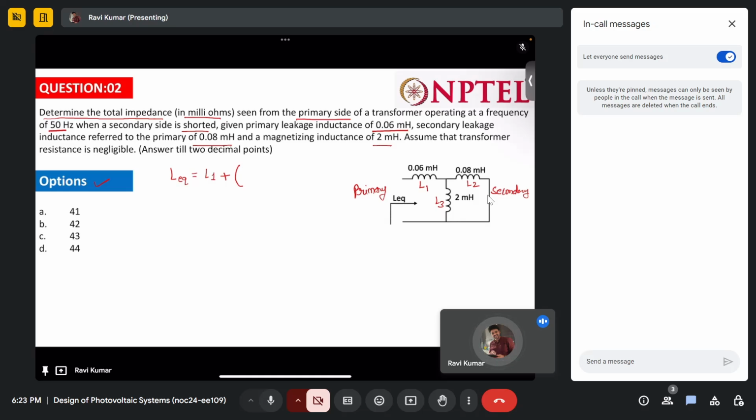Similar to resistance, the parallel combination will be the same, so it will be L2 L3 divided by L2 plus L3. Let's put the values here: 0.06 plus, how much is L2? 0.08 into 2 divided by 0.08 plus 2. So how much is it coming?